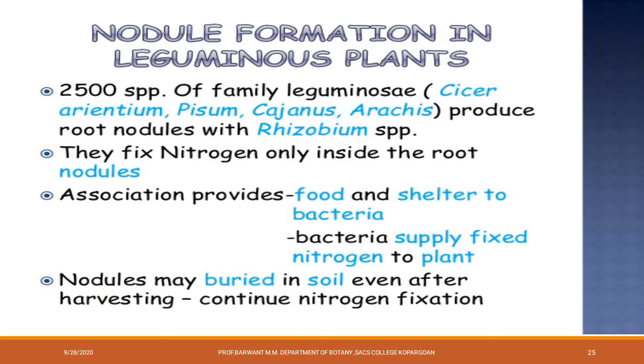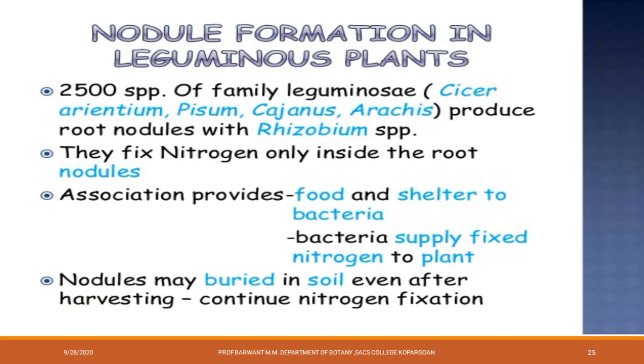Let's see nodule formation in leguminous plants. 2500 species of the family Leguminosae produce root nodules in association with Rhizobium. The association provides food and shelter for the bacteria, and the bacteria supply fixed nitrogen to the plant.